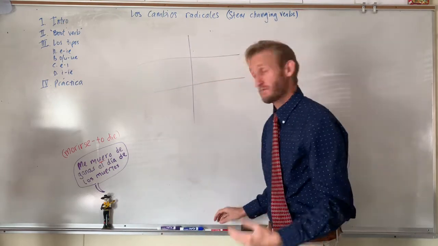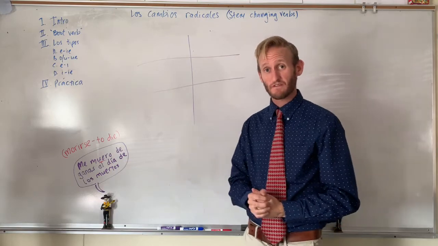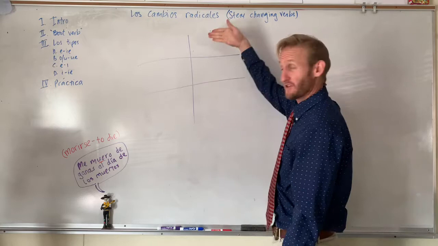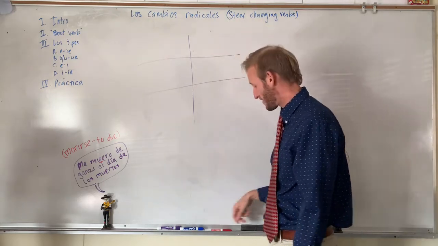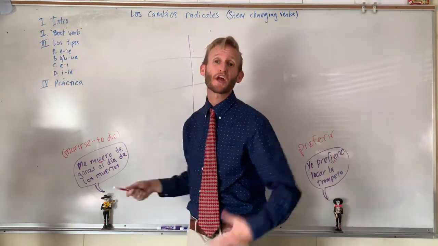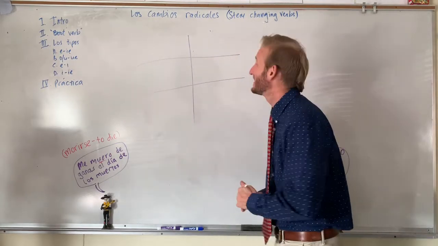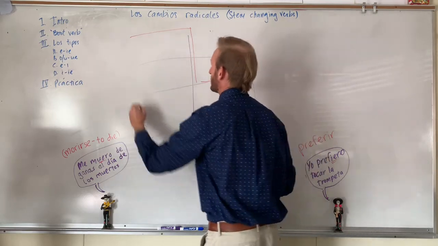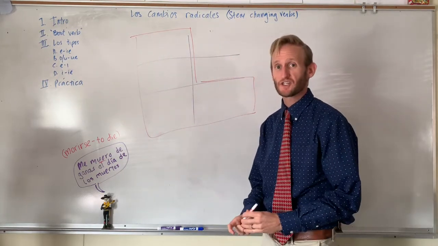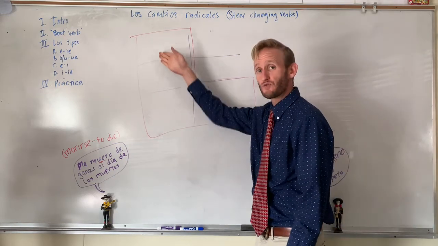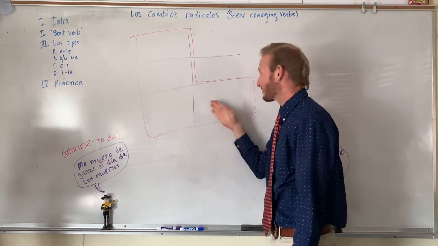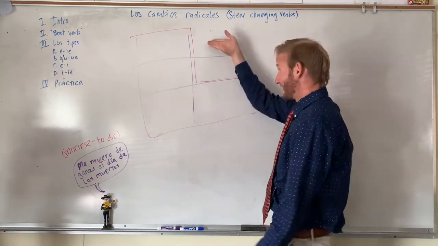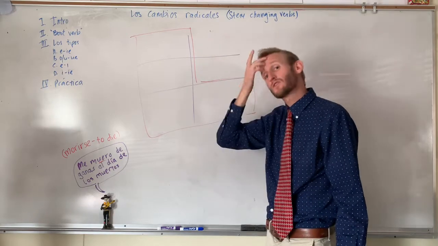Now, something really important to keep in mind about stem changing verbs is that you do not do a stem change, typically speaking, for the nosotros and vosotros forms. In other words, we call this a boot verb. It's a very common type of verb in the Spanish language. If you draw a boot on top of the conjugation chart, you'll see that the yo, tú, usted, él, ella, ustedes, ellos, ellas are inside the boot, while nosotros, nosotras, vosotros, vosotras are not.